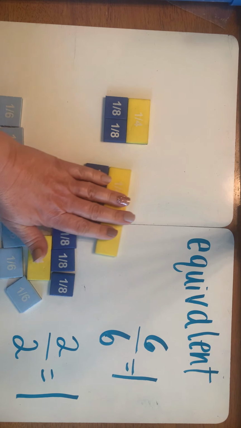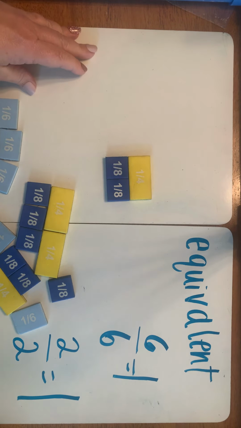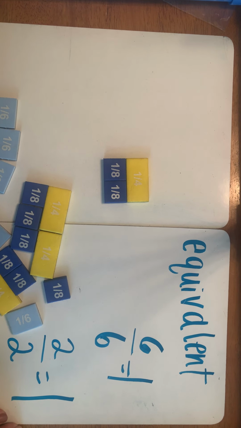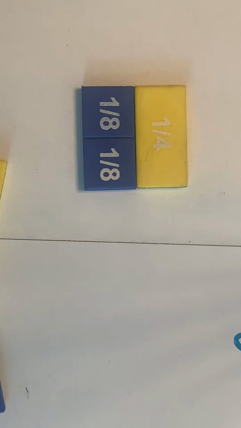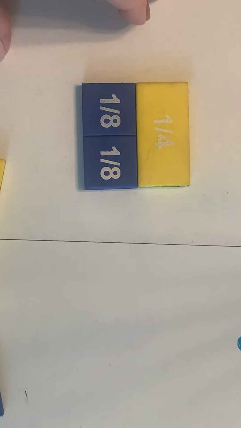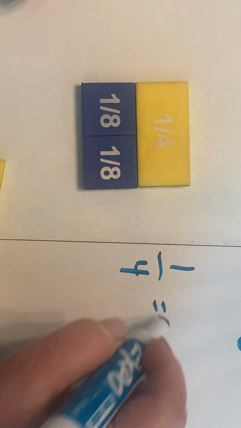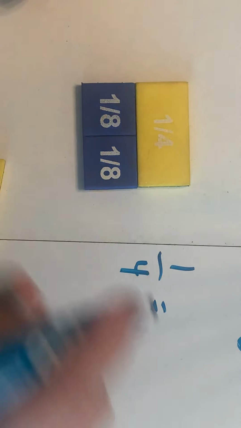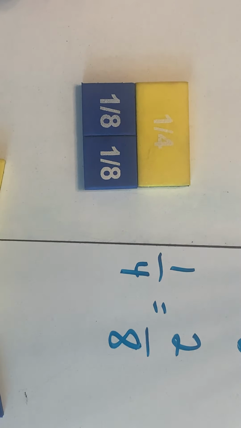Now, though, if I take all this away and I leave 1/4, 1/4 and 1/8. Do you see that? Are they equal? They are equal. The way you would write this would be 1/4 is equal not to 1/8, but how many eighths do we have? That's right. 2/8, so that's the same thing.